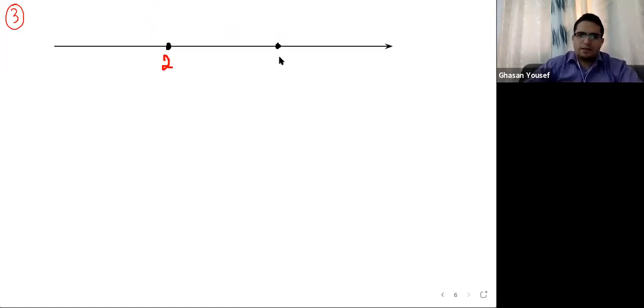Now, to check the sign, I have to pick a number greater than 3 and plug it inside the inequality.